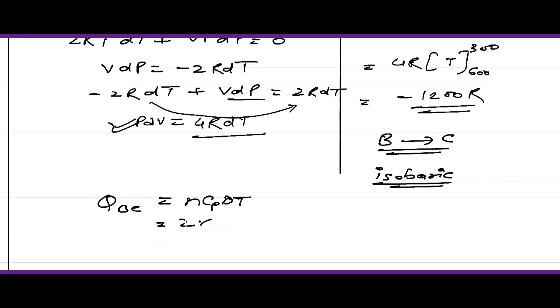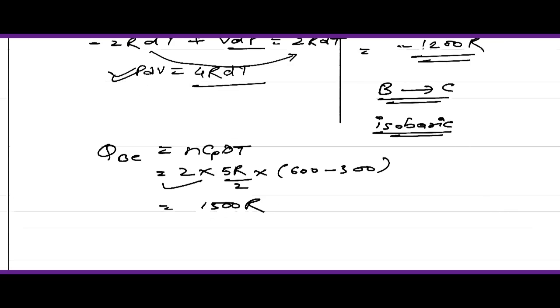So n is 2, and Cp will be 5R upon 2 because it is a monatomic gas. And the temperature difference will be 600 minus 300. So if we solve this, we get 1500R.